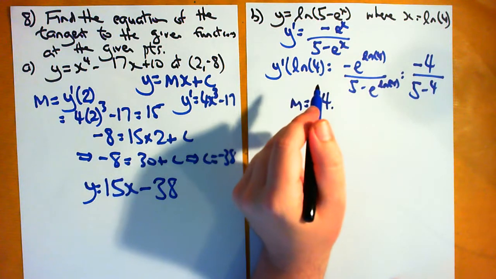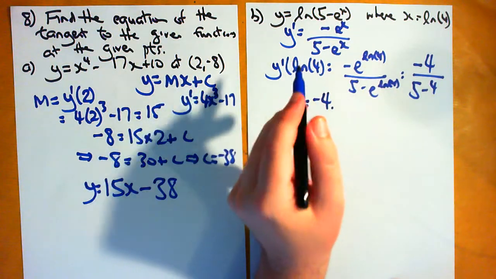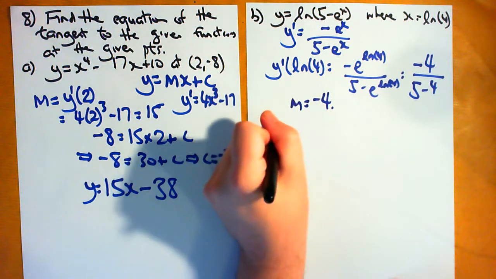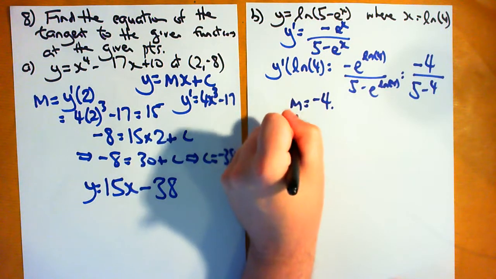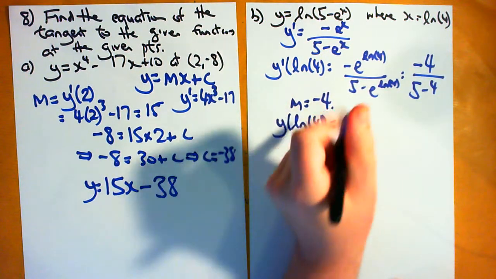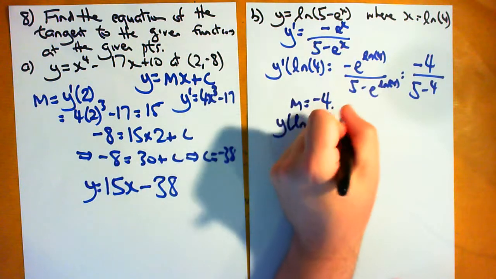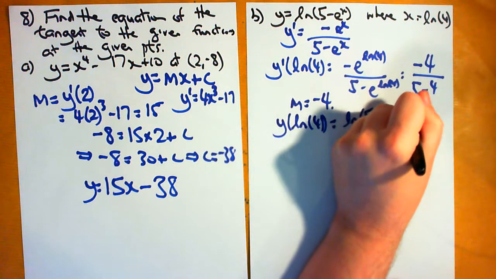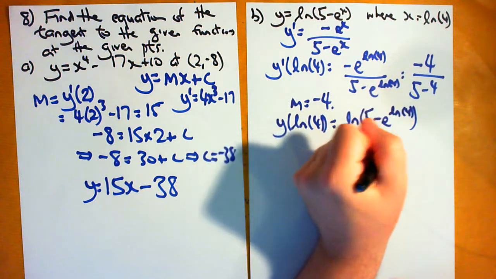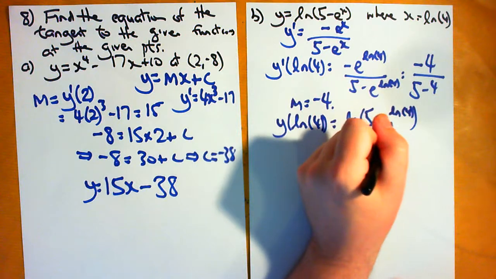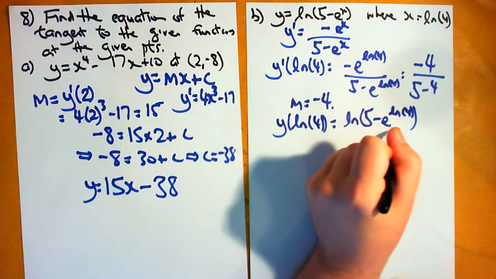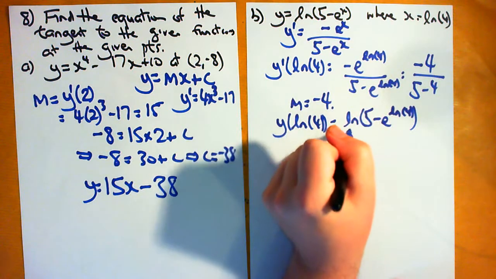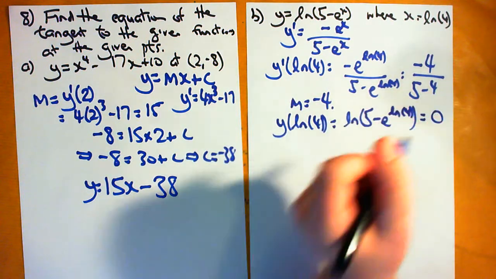Now we need to find the y coordinate, so we substitute ln of 4 into the original function, ln of 5 minus e to the x, where x is ln 4. The same thing happens as before: e to the ln of 4 is 4, 5 minus 4 is 1, so we've got ln of 1, which is 0.